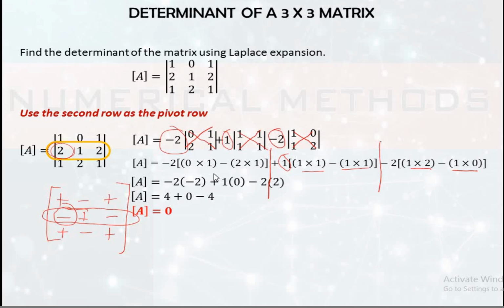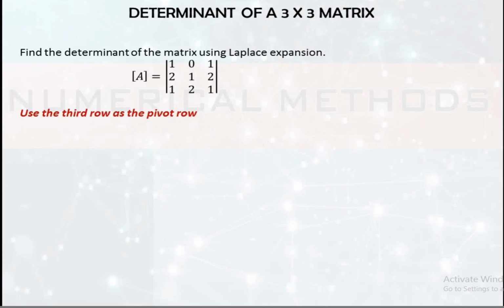Kanina, I used first row as my pivot row, and nakuha ko na yung determinant ng matrix A, 0. The same answer if I'm going to use the second row as my pivot row. Pwede rin ba nagamitin ko yung third row? Pwede. You may use also the third row.